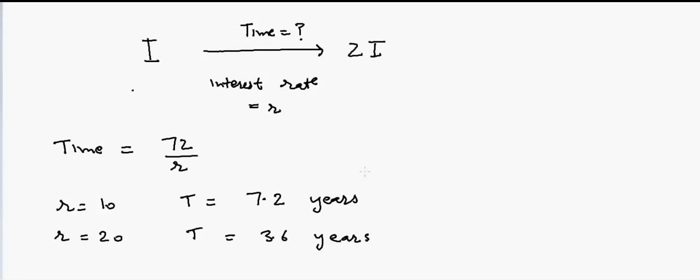So how does this rule work? Let's try to solve this problem in a regular way. Suppose we have investment I, and we have interest rate 1 plus R, and we invested for t years, so that should be equal to 2I, right?